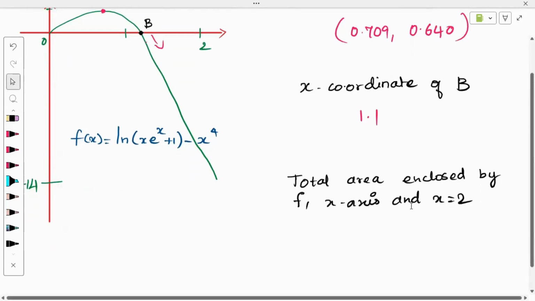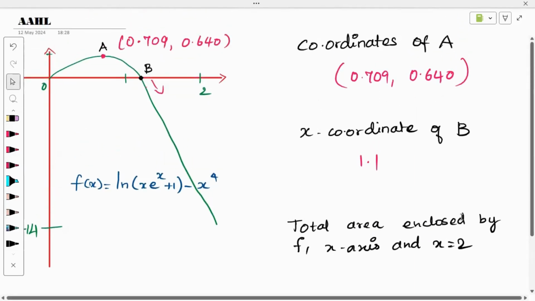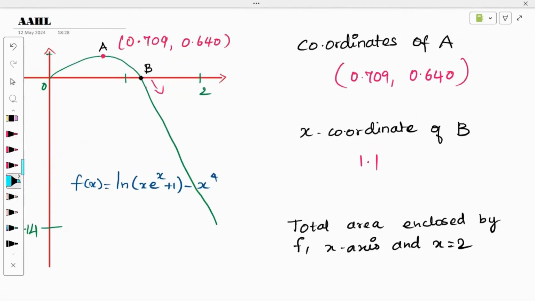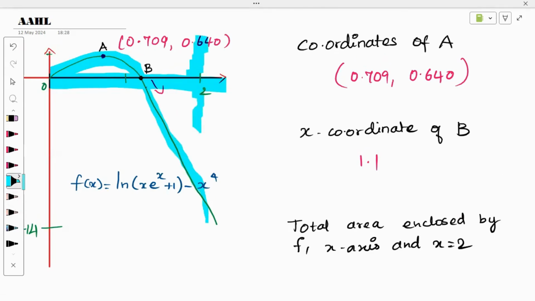And then the total area enclosed by f, the x-axis and x equals 2. So my x-axis is here, the graph is here, and x equals 2 when you draw it, right? So this is the area enclosed by the graph and the x-axis, this part and also this part.